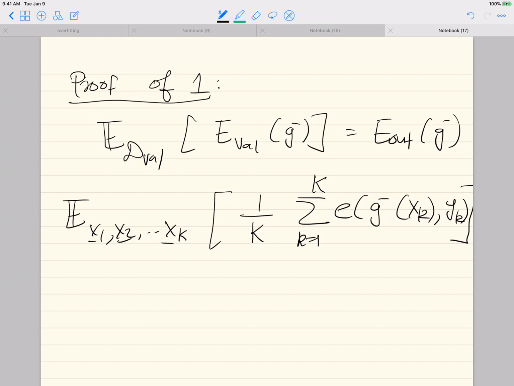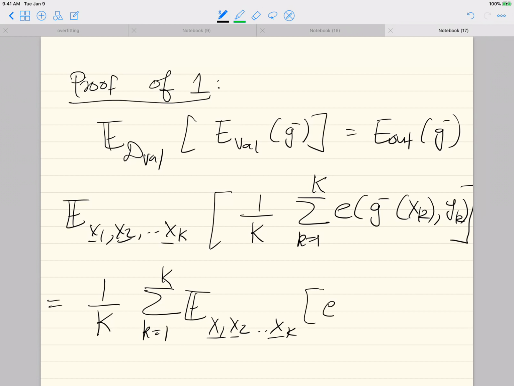Okay, this is the definition. So now we can do a term by term expectation. We're doing one term at a time.